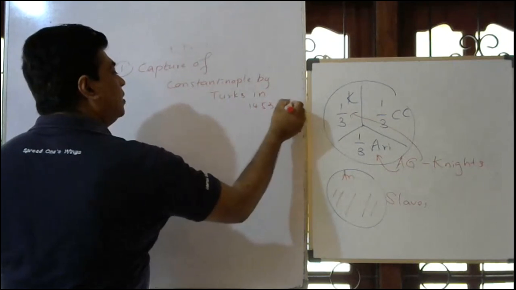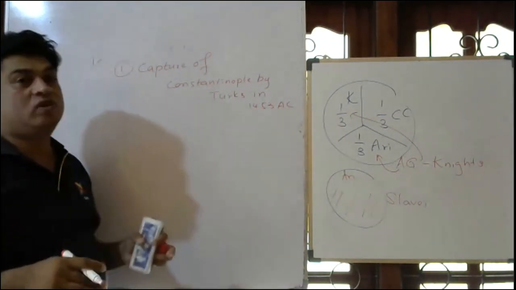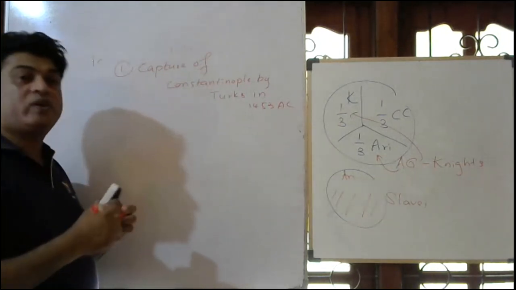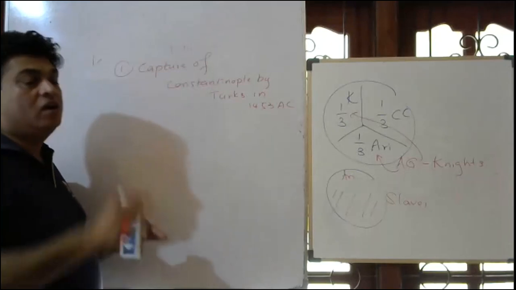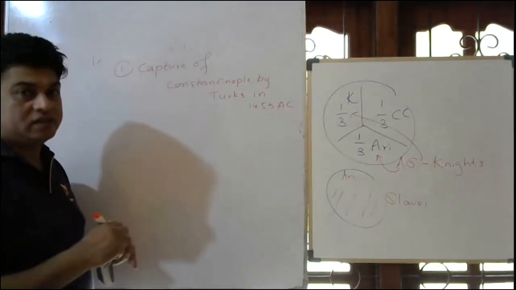So this is the first reason. Why I'm taking this step by step once again is because one of the possible questions from this lesson is: what are the reasons for the Renaissance, explained under headings, right?